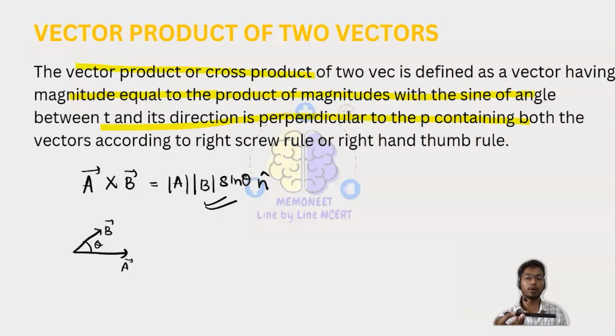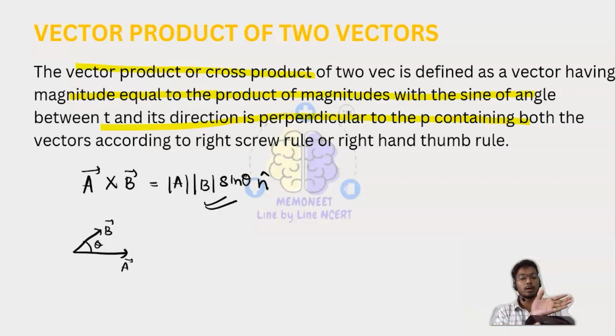For a cross b, we will apply the right hand thumb rule: we place our palm on the a vector, curl our fingers towards the b vector, and the thumb will represent the resultant vector, that is a cross b. Let's say the a vector is in this direction and b vector is in this direction.